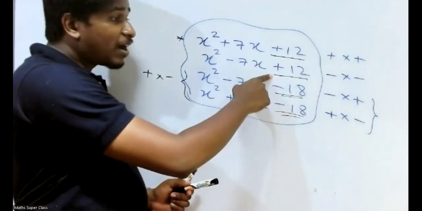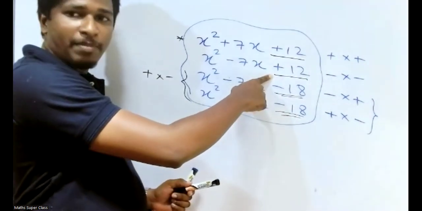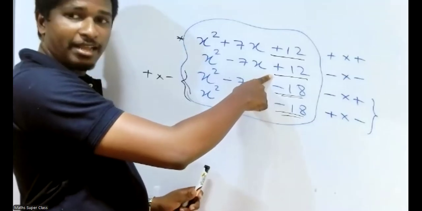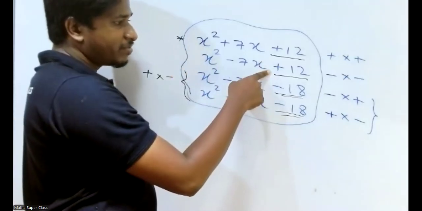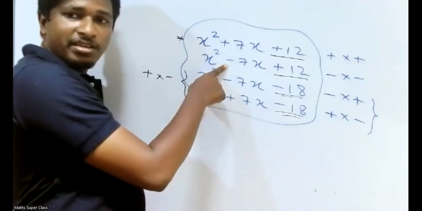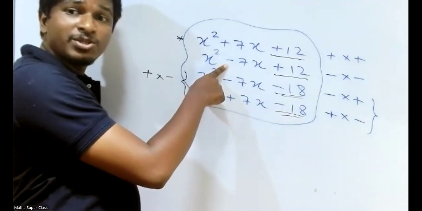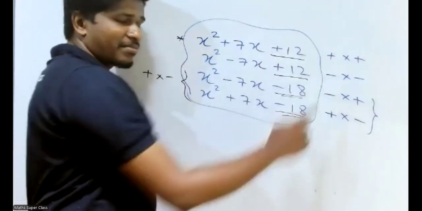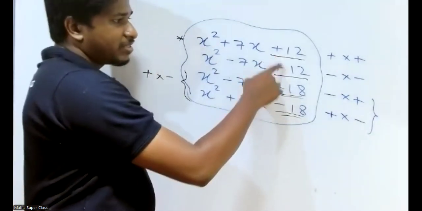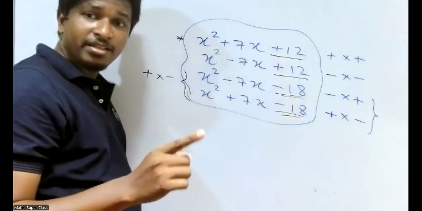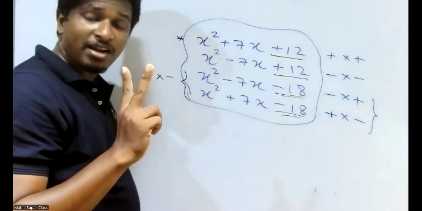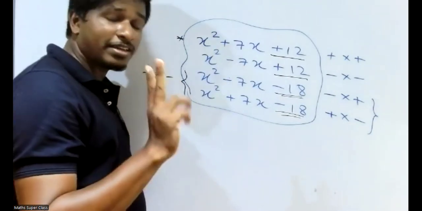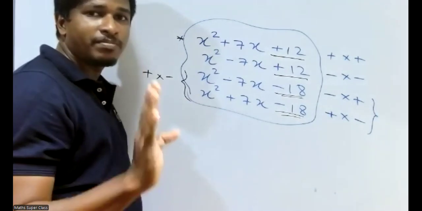If this part is plus, we can say exactly plus or exactly minus, but we can't say which. Then we look at the second part, minus, so it should be minus and minus. If this part is plus, we can say those two factors have the same sign, that means both are minus or both plus.